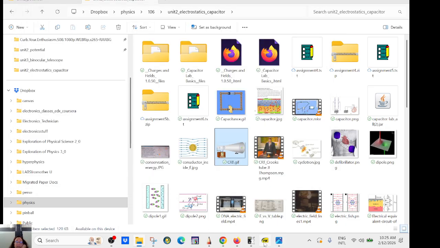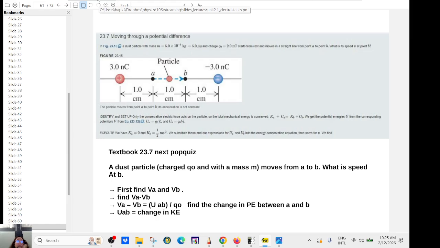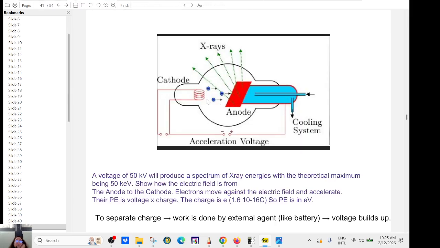If I take the slide from my other class, my baby class, see my baby class here? You have a vacuum tube here. So this is negative, this is positive. The electrons here have a huge potential energy, let's say 50 kilo electron volts. That huge potential energy goes into kinetic energy, and then they hit a very heavy metal target, something happens inside, and all that kinetic energy will turn into X-ray.